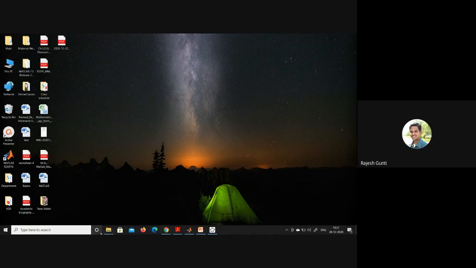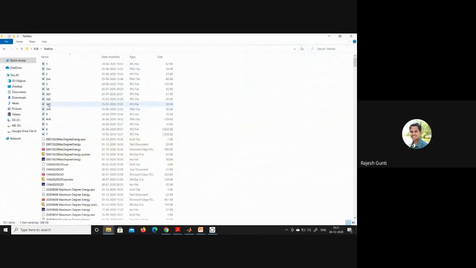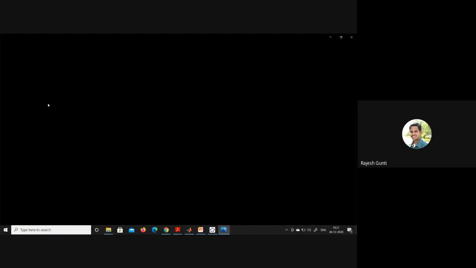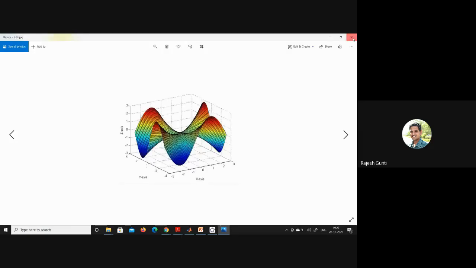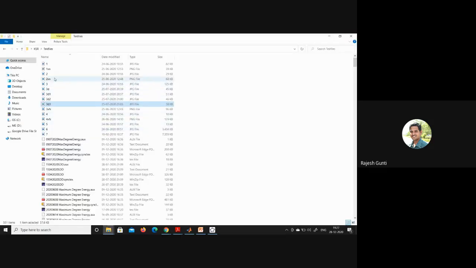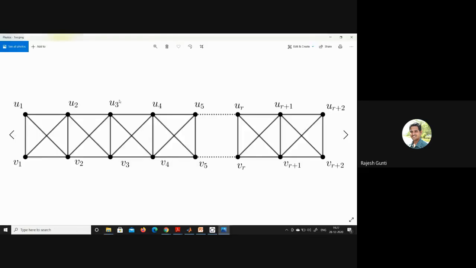I will show some diagrams. All these diagrams I drew using GeoGebra software. It is better to use GeoGebra if you want to draw this type of diagram. You don't use MATLAB; you depend on another software.